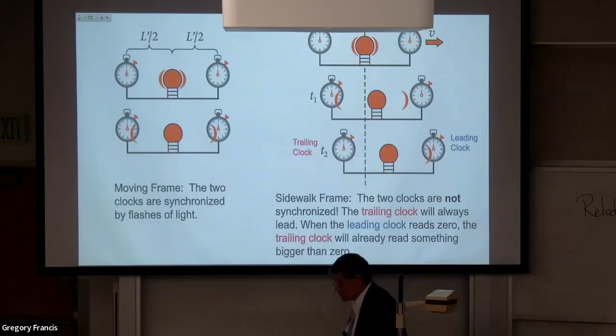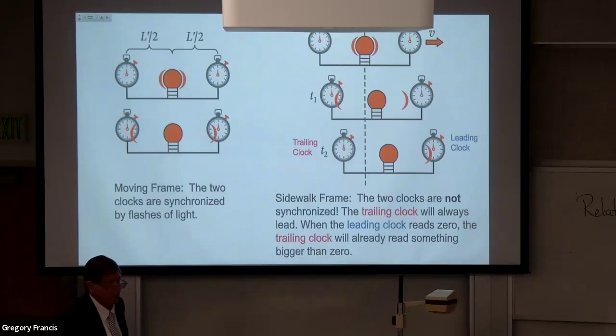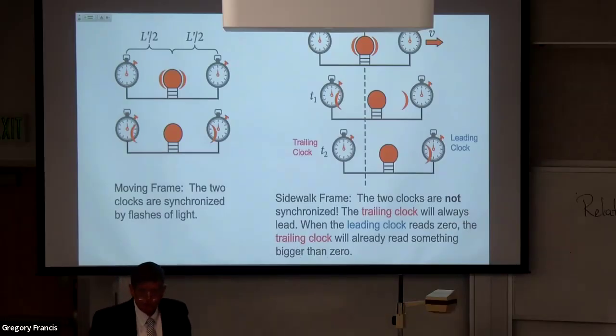But because the back of the train is coming towards the light and the front of the train is going away from the light, that flash is going to hit the trailing clock, the one at the back of the train, first. And it's going to start ticking before the one at the front.